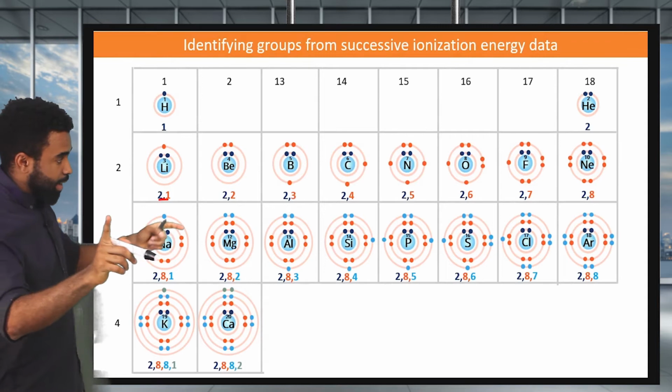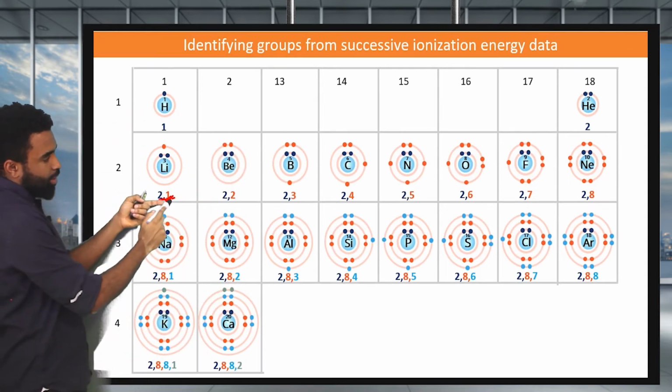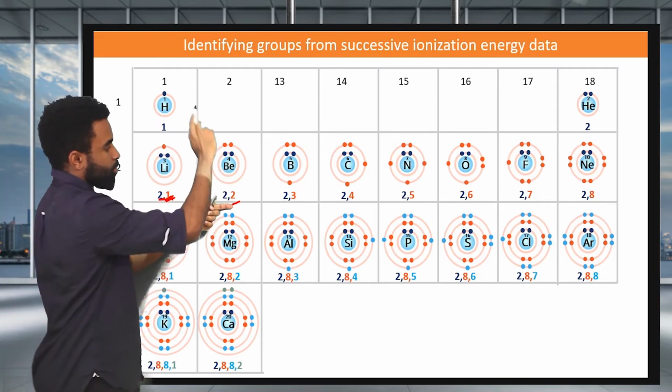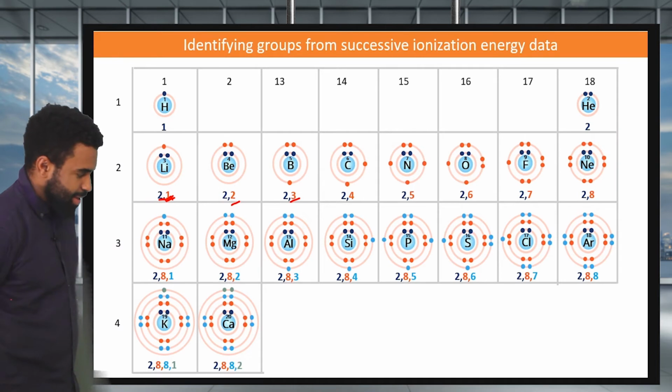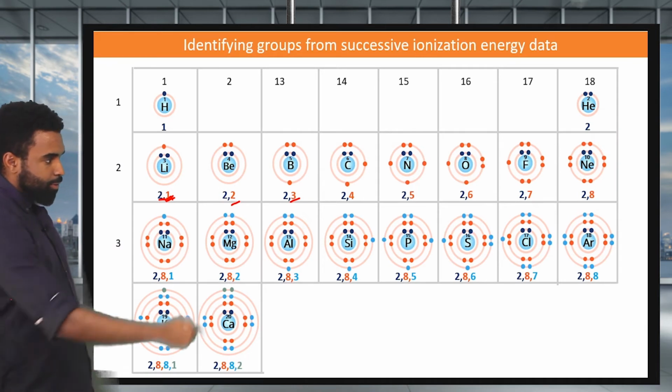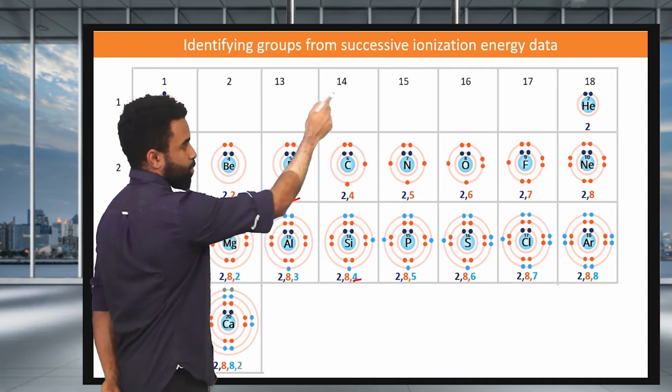Now we can observe that 1 valence shell electron is group 1, 2 is group 2, 3 is group 13. Why? Because we had that jump where we cut out the D block. So hopefully it is clear that the number of valence electrons gives you the group.